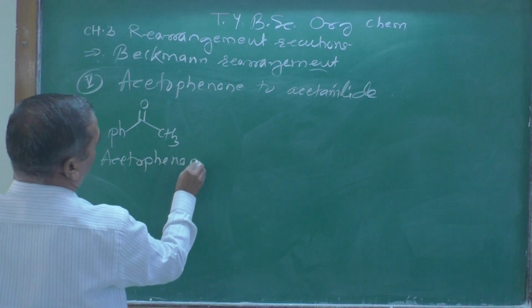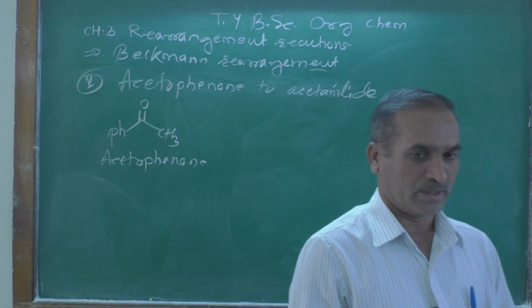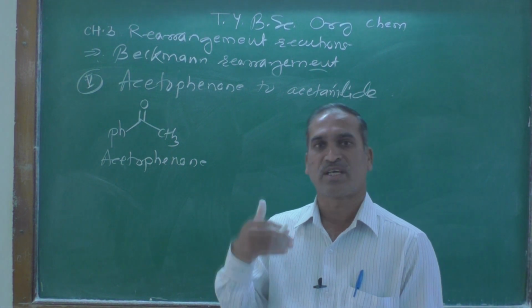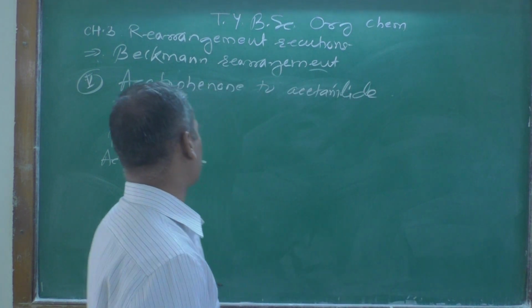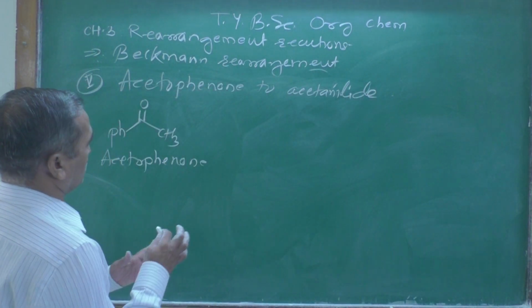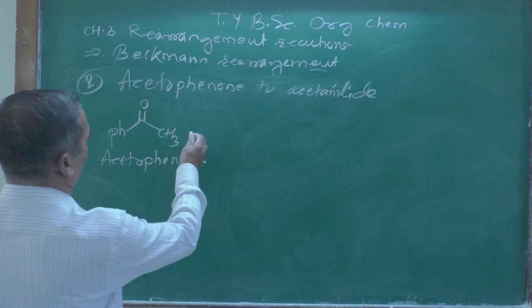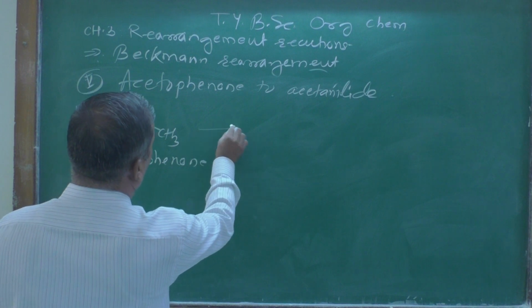In organic chemistry, you must remember some of the common compounds which are used again and again in many reactions. So remember those structures, and while reading again and again, you will be able to remember them.